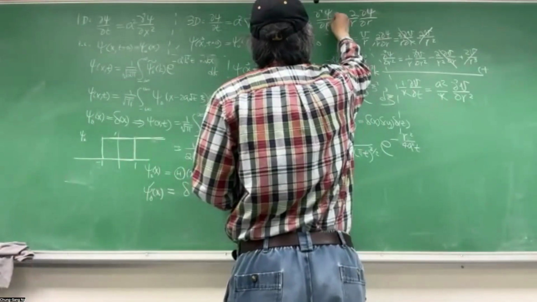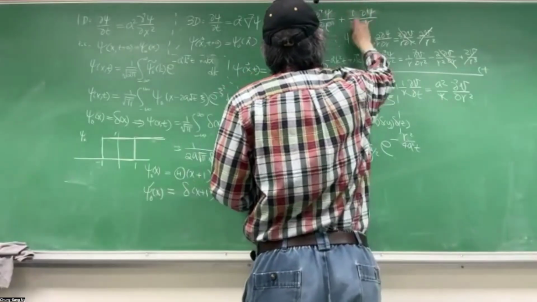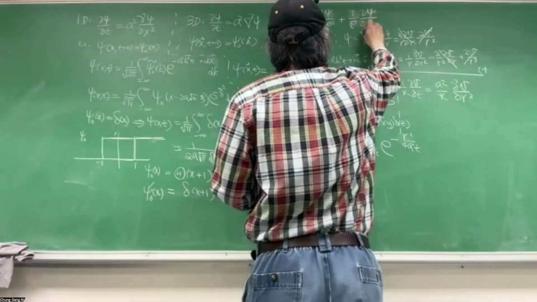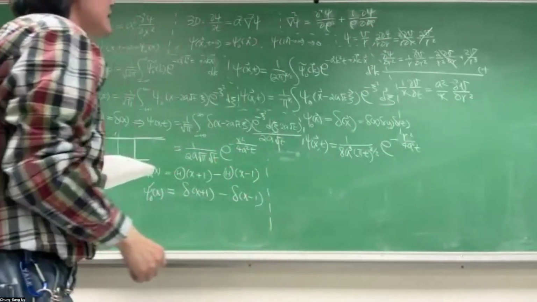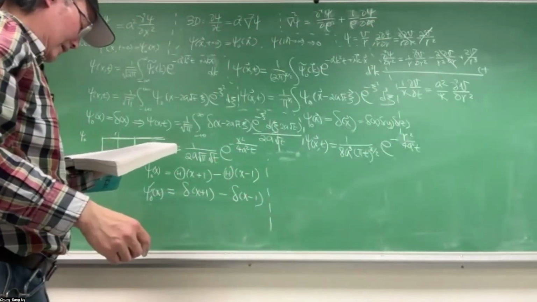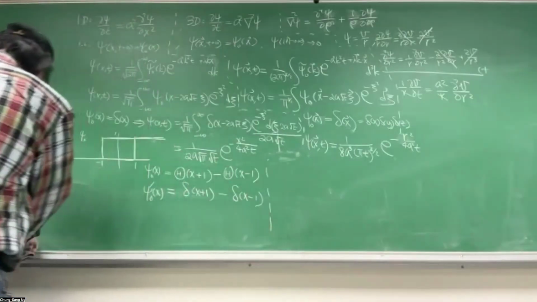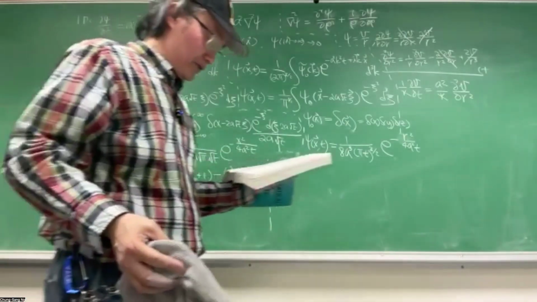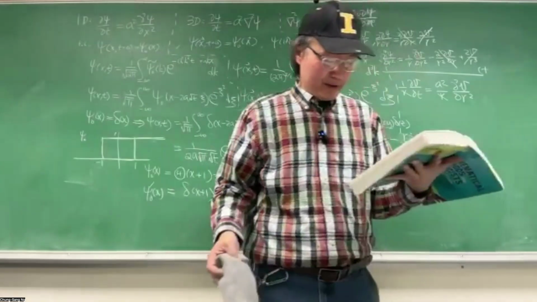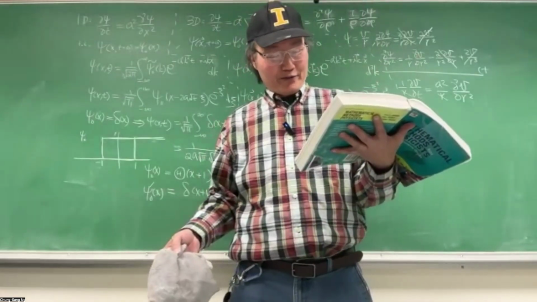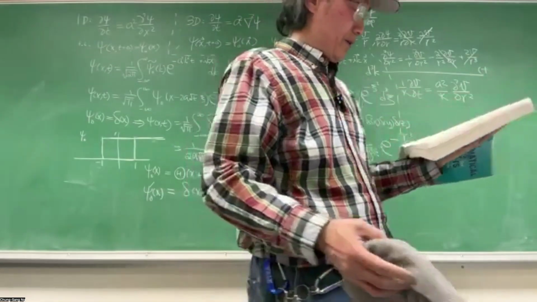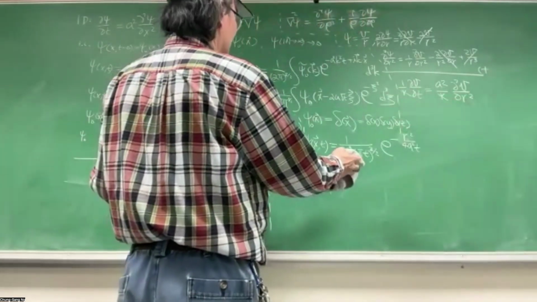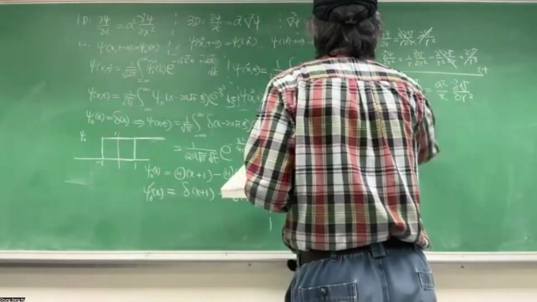In 2D it's rho squared, and that's a factor of 1 over rho only. Finally the textbook wrote down a solution in 9.126, but I think it's wrong. It's either a typo or I don't know whether your version has a correction. Let's just write it down.